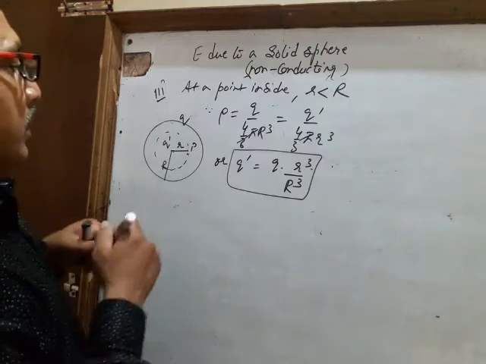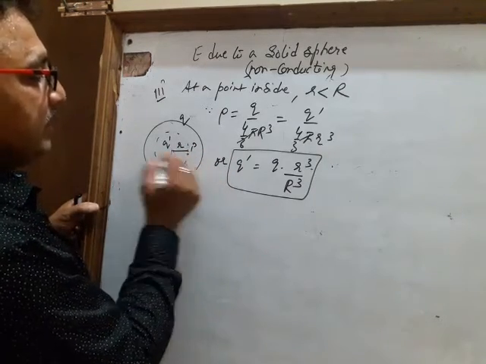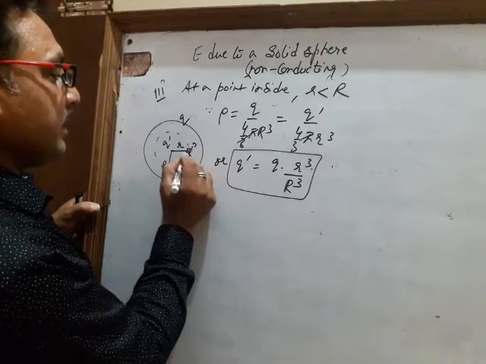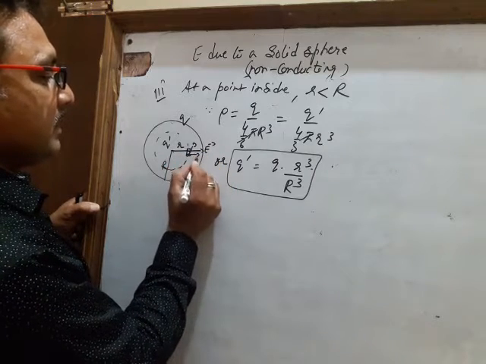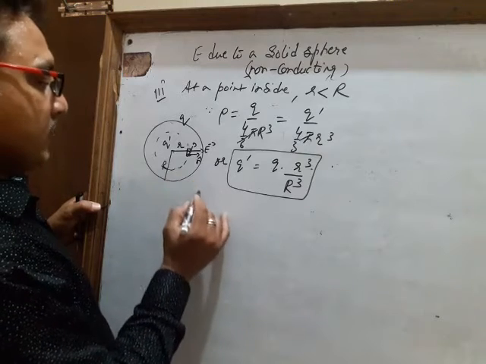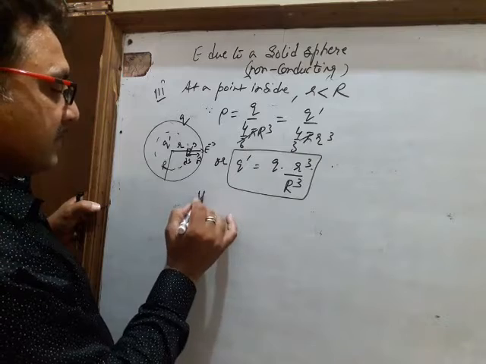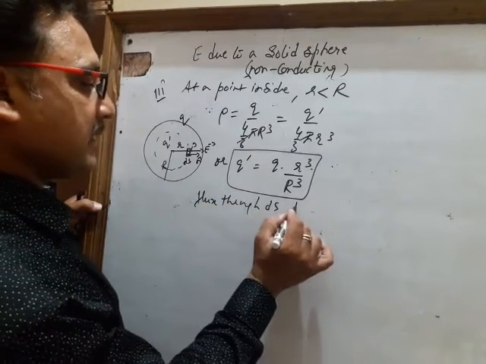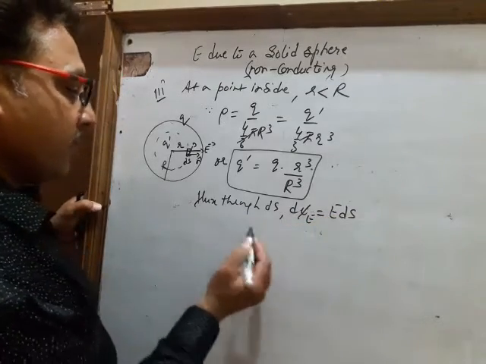So now, taking this point P inside, you have to take one elementary area ds. You draw the field vector and unit vector n cap. So for this ds, the flux through ds, that is d phi equal to how much? E ds cos 0.